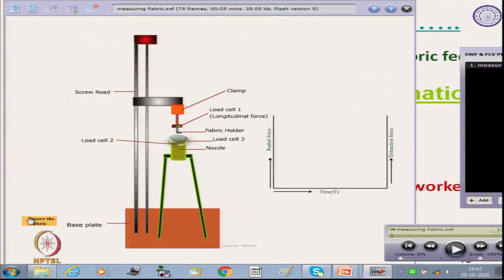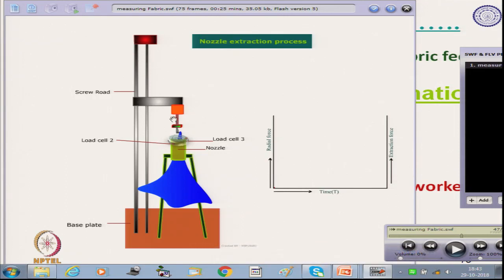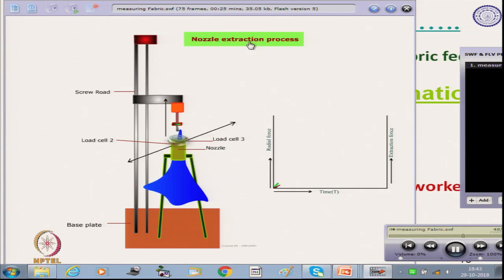Now, there is a plot we can see. This is a circular fabric held at the center, and the fabric is gripped with this jaw. Once we start, this crosshead will move up and the load will show.